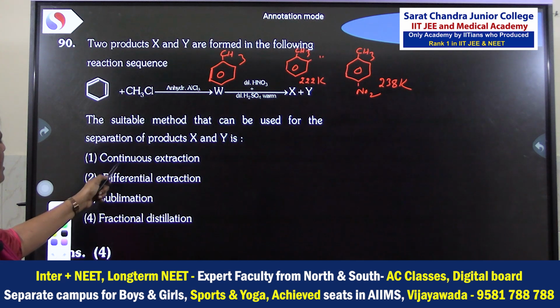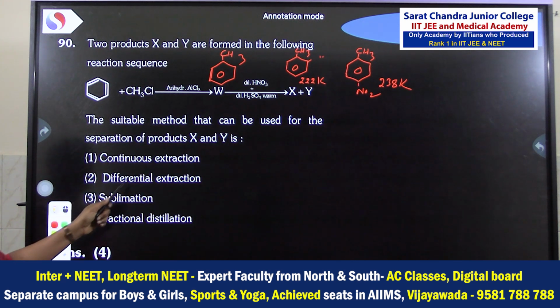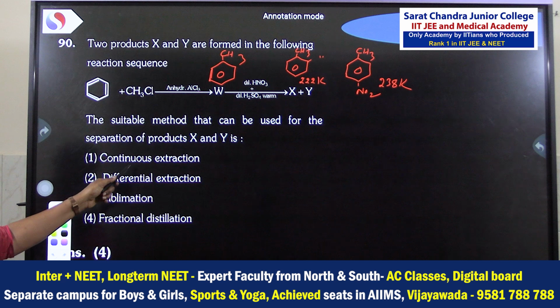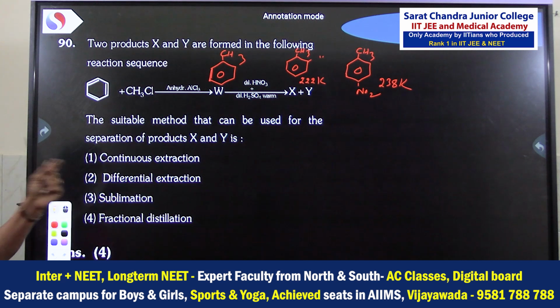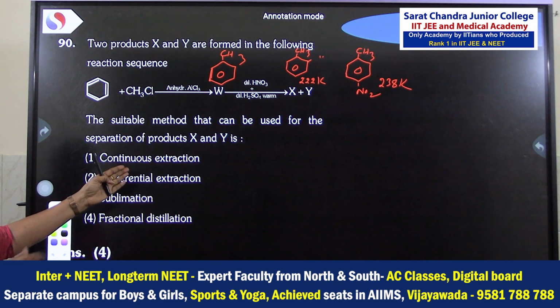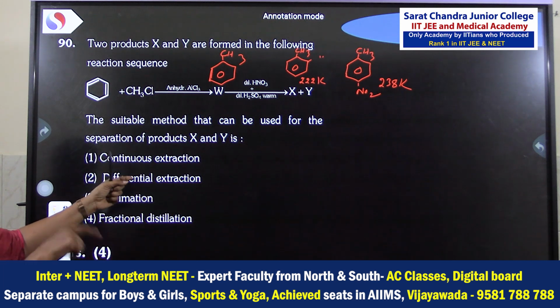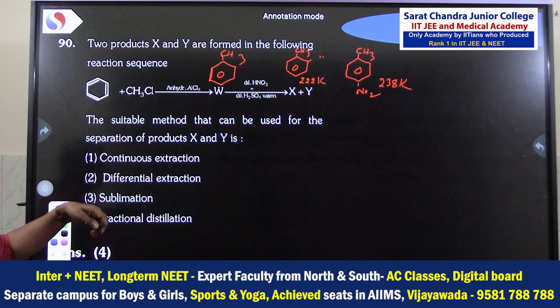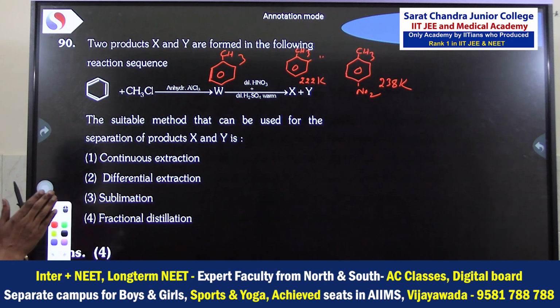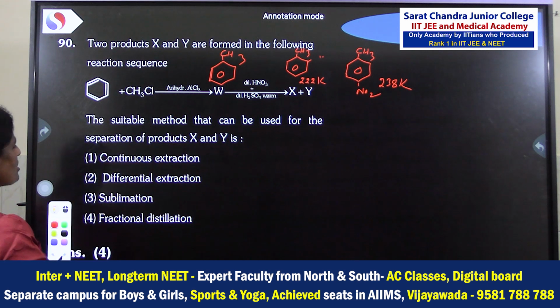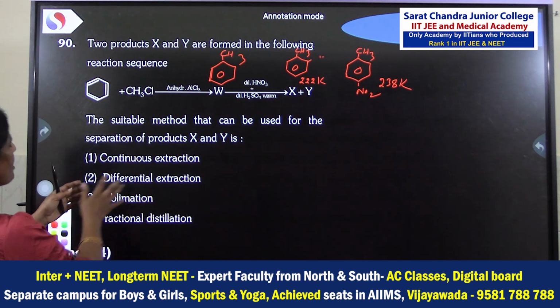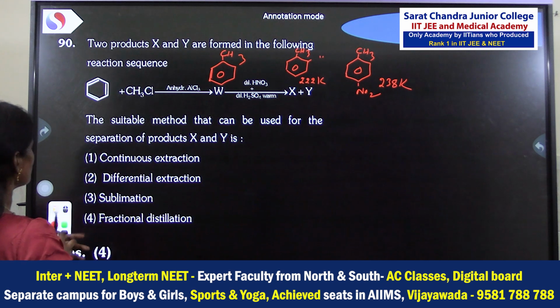Continuous extraction is one type of solvent extraction. When the given organic compound is very less soluble in the given organic solvent, the continuous extraction method is used, meaning a large excess of organic solvent is used. Differential extraction is also solvent extraction.